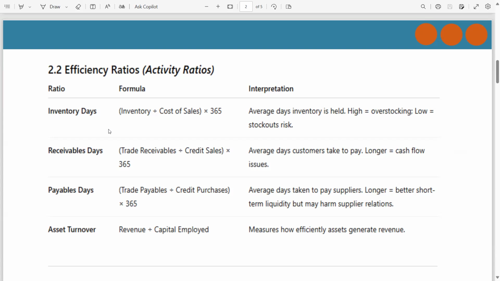Let's say you have 20,000 rupees and you give them to your friend. And 1 year has already passed, but your friend didn't pay that 20,000 amount to you. What do you think? Will this 20,000 remain the same?